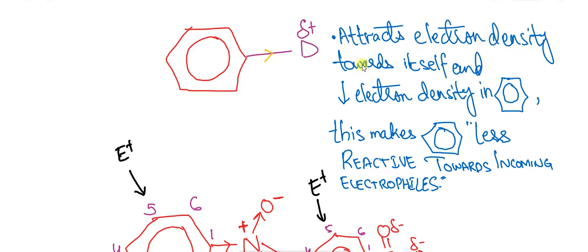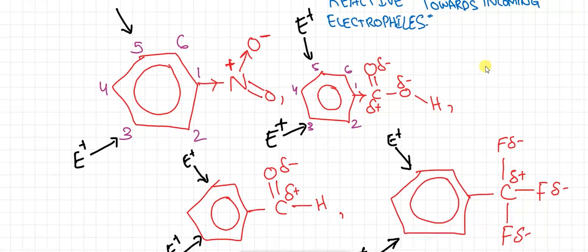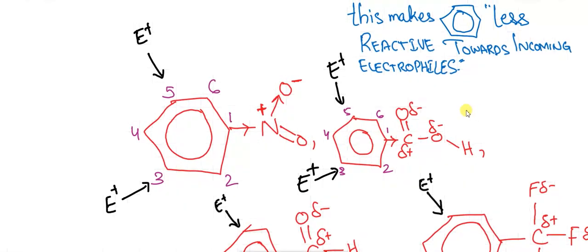They attract electron density towards themselves, and hence the electron density in the ring decreases, which makes the benzene ring less reactive towards incoming electrophiles, because electrophiles are attracted towards regions of high electron density. So when the electron density in the benzene ring decreases, the incoming electrophiles will be less likely to attack. Now let's look at the displayed structures of these compounds.